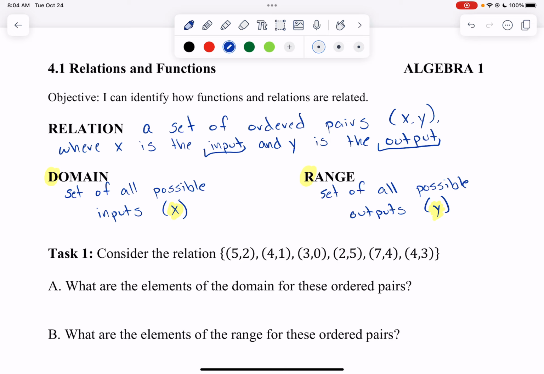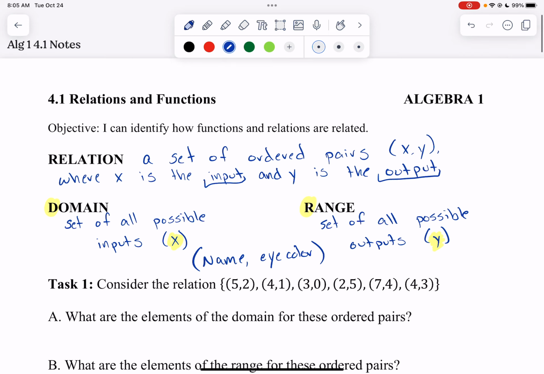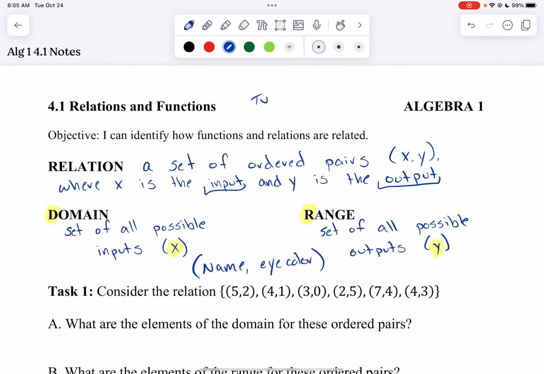For example, a relation would be you input somebody's name and it outputs their eye color. So name, eye color is a relation. You could input a TV show and it'll output an actor on that show.